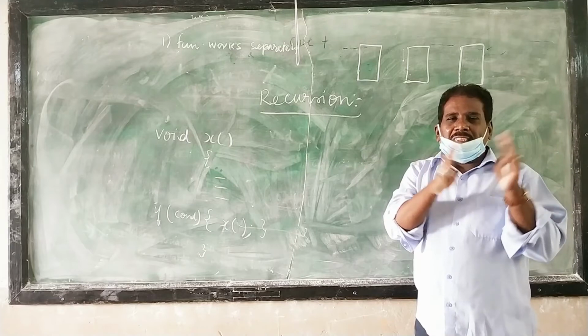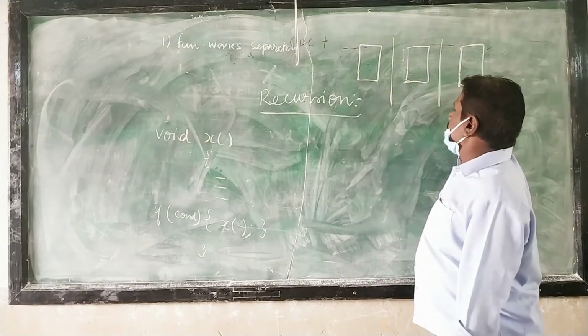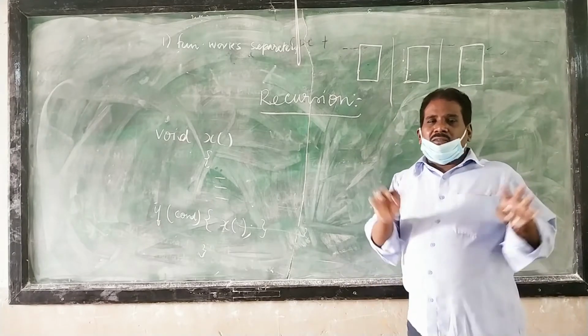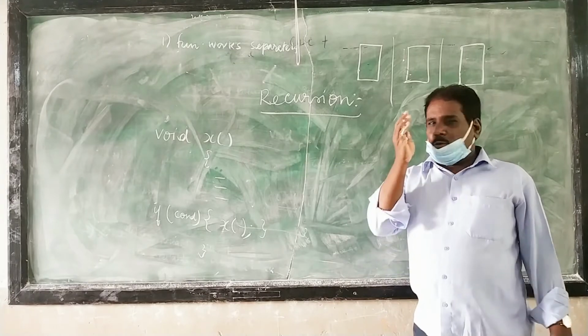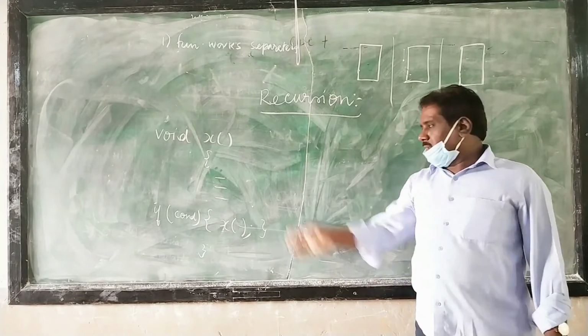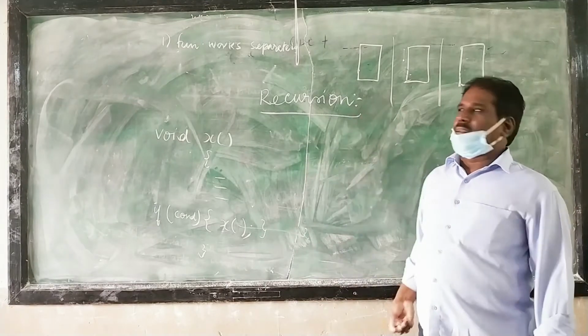There won't be any relation between this block and this block and this block. So 3 different blocks work separately. However, the codes are the same, but they work separately.